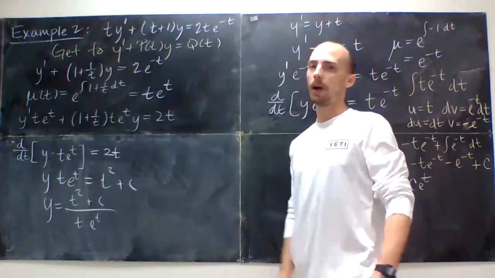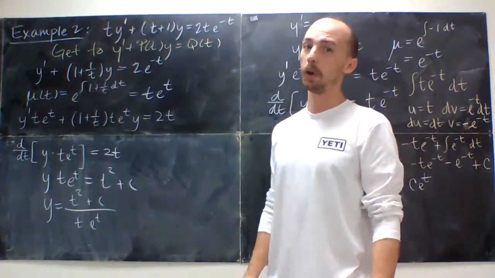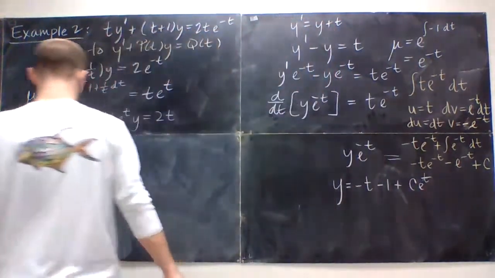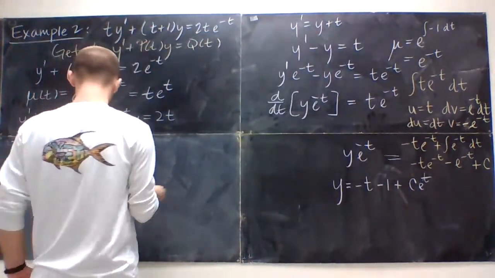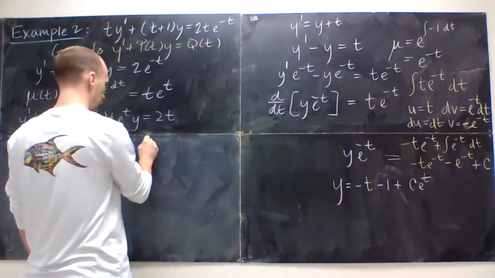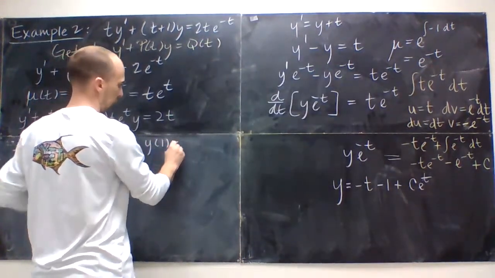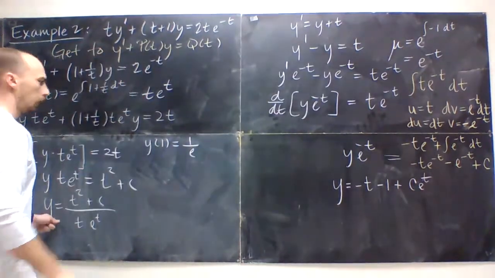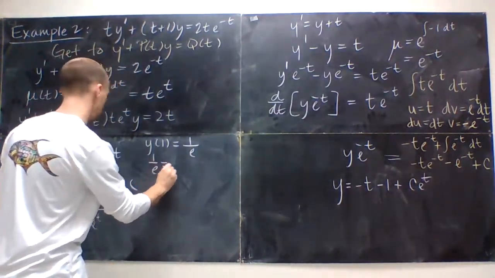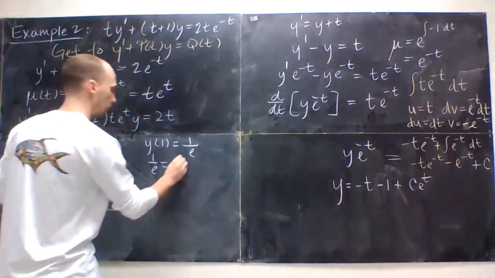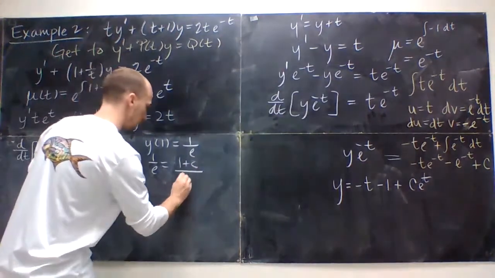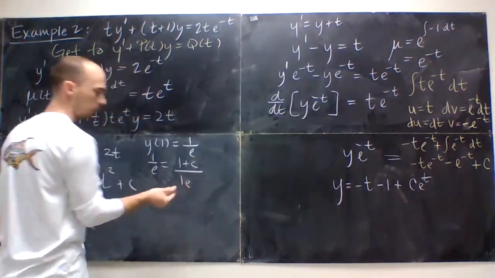I'm going to say that y of 1 is equal to, I think 1 over e is what I need. Okay, y of 1 is equal to 1 over e. Well, that means that 1 over e is equal to, when t is 1, 1 plus c over 1 times e to the 1.